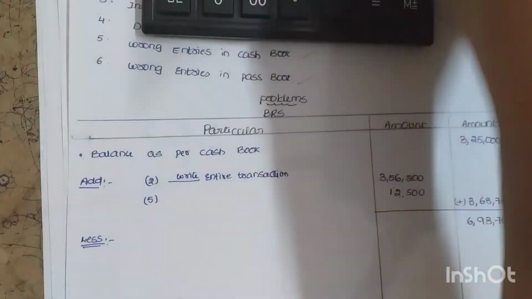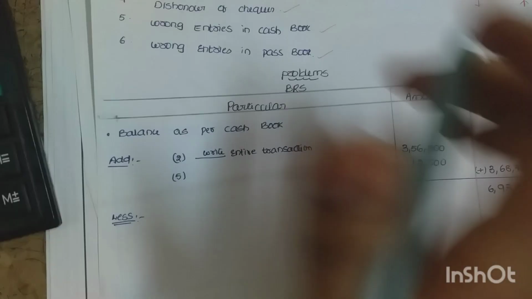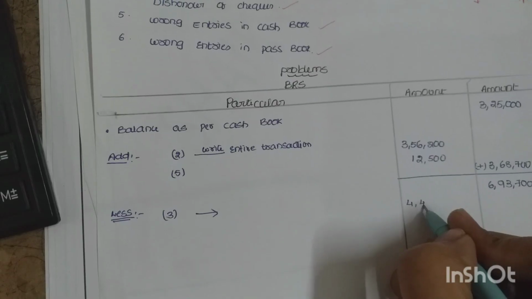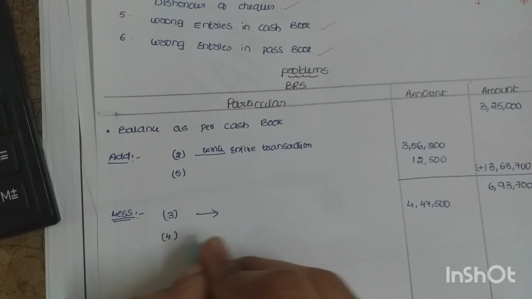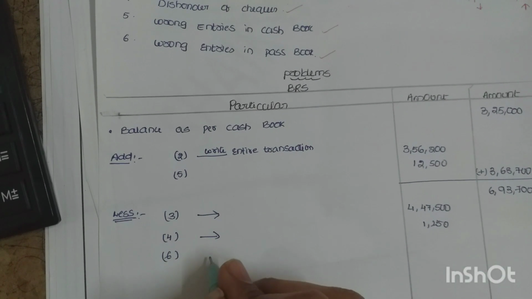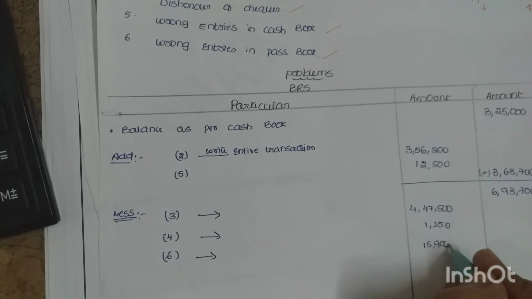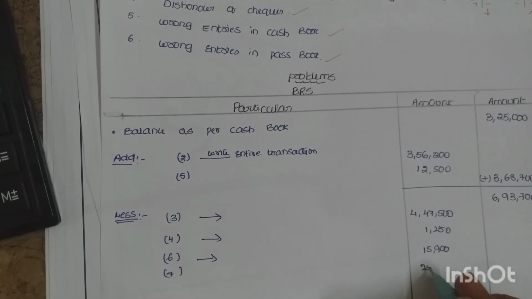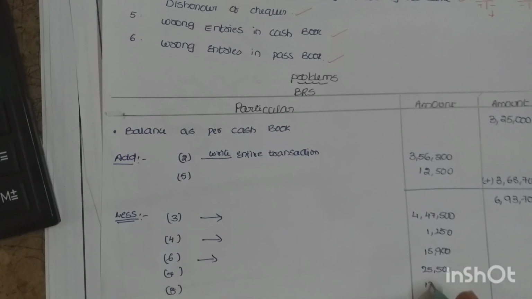First one is how much? Less transaction, first one is third one. Third transaction amount is how much, guys? 4,47,500. Next we are having fourth transaction also, that is 1,250. Then sixth transaction is there, that is 15,900. Then seventh transaction, that is 25,500. Next eighth transaction is also there, that is 13,000.